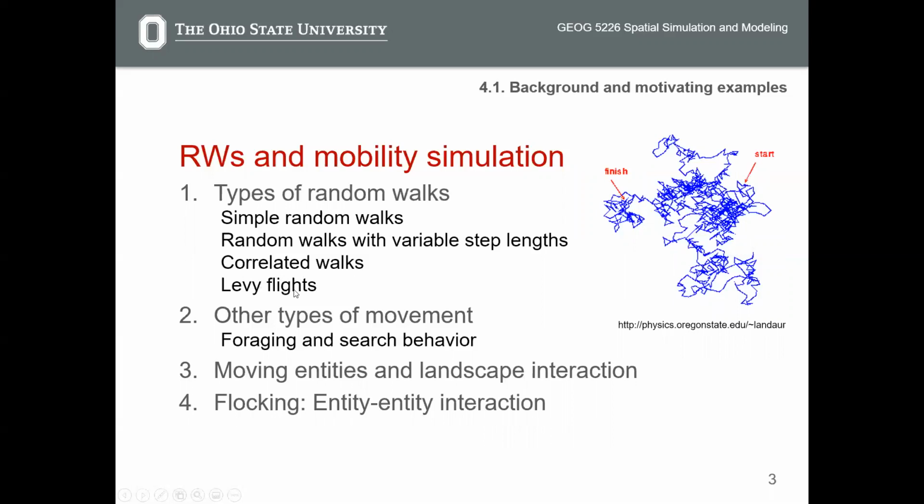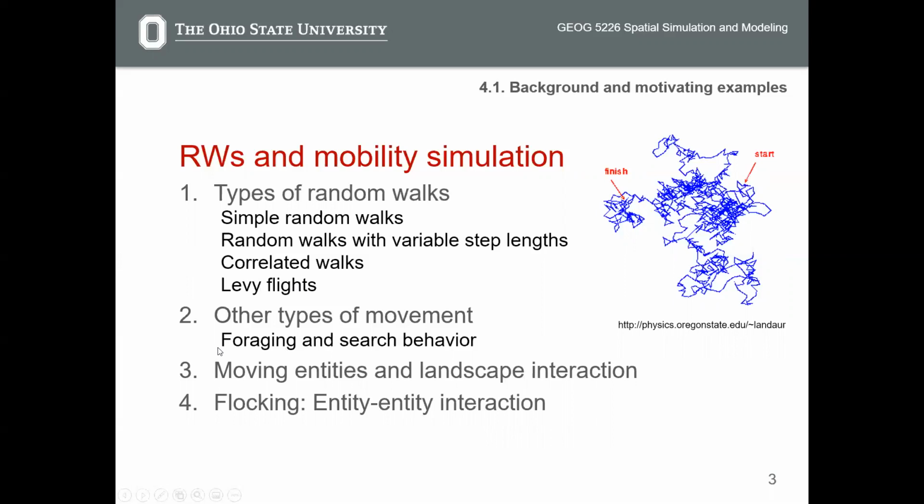And then Levy flights. Later you will see that it's a very universal model to simulate the behaviors of animals when they're trying to find food. And also you will see that it's a very good model to simulate people's daily movement.